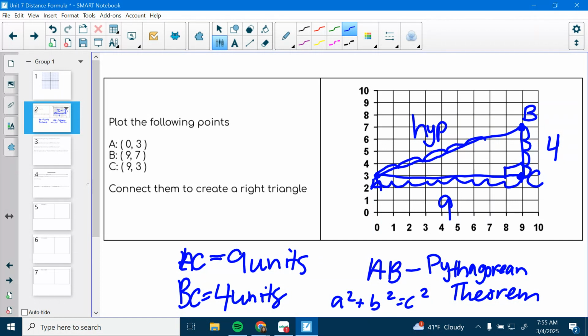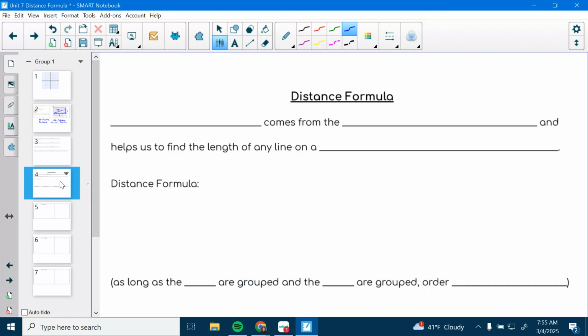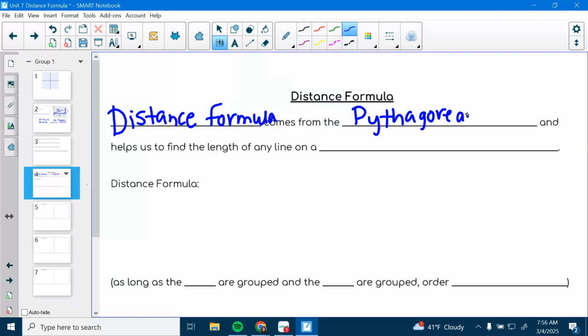And so we're going to use our Pythagorean theorem to help us find the length of any line on a coordinate plane. So what we use is called the distance formula, and the distance formula comes from the Pythagorean theorem. So we used our a squared plus b squared equals c squared.